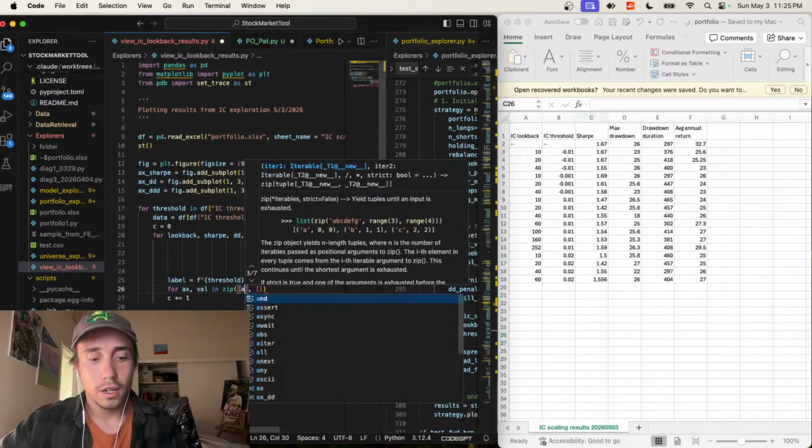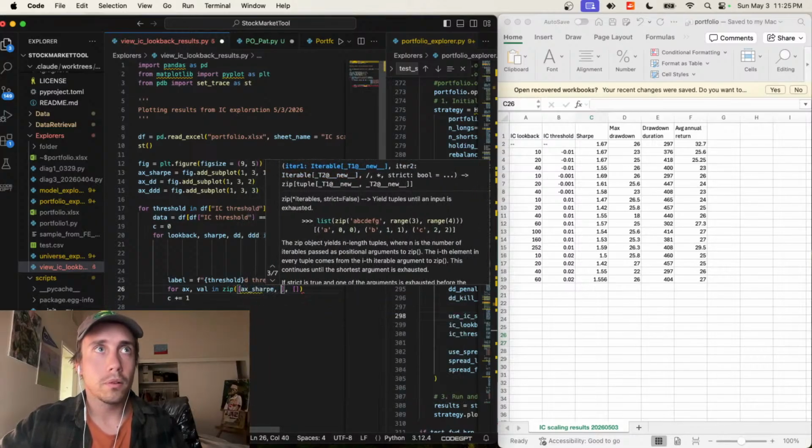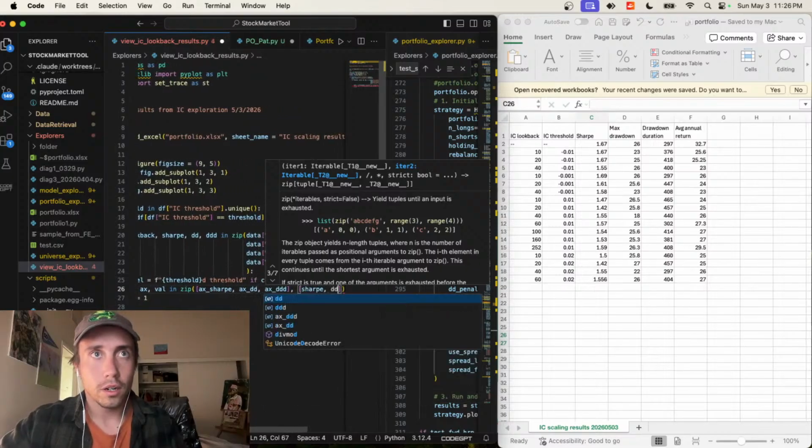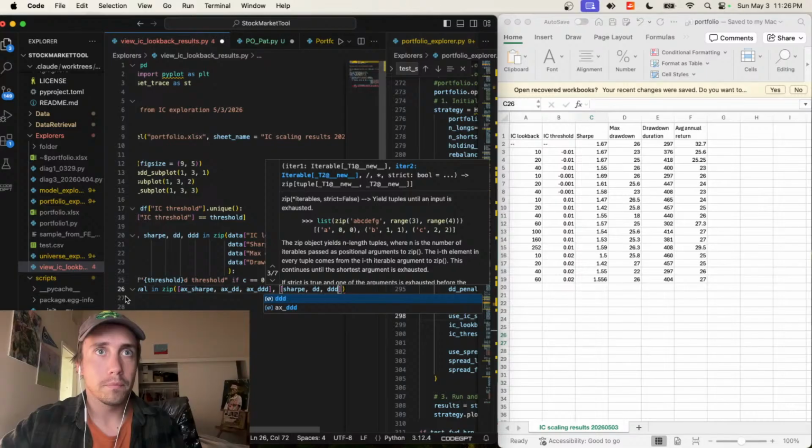So ax sharp, ax dd, ax triple d. And then we have sharp, drawdown, drawdown duration.